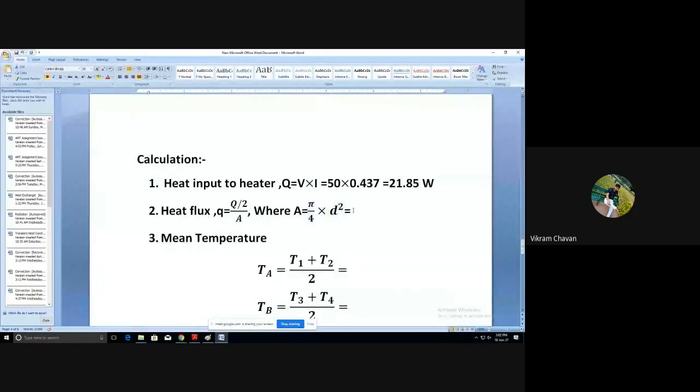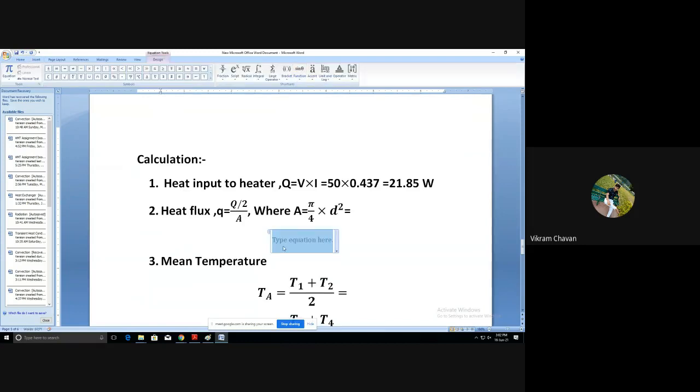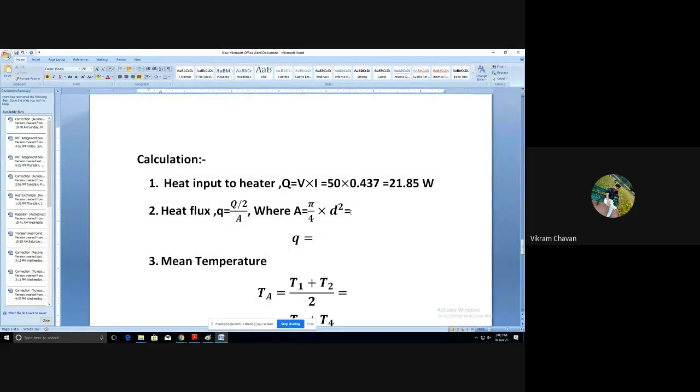First calculate the area, then we will do Q by 2, and then divide it by the area.